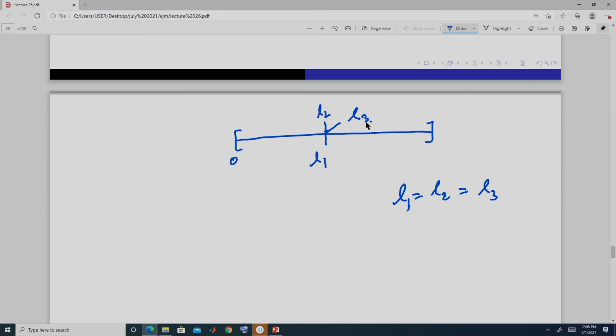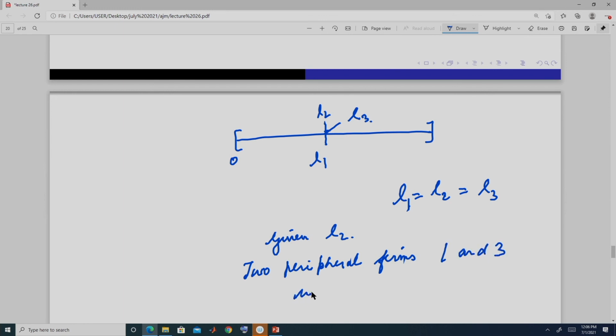So, what does that mean? Given L2, the two peripheral farms, 1 and 3, will locate adjacent to farm 2.